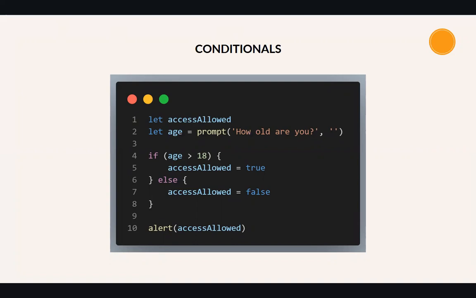I was thinking about it during the break: as soon as you understand variables, conditionals, functions, and loops, which we'll talk about today, you can almost do anything that you want to do.